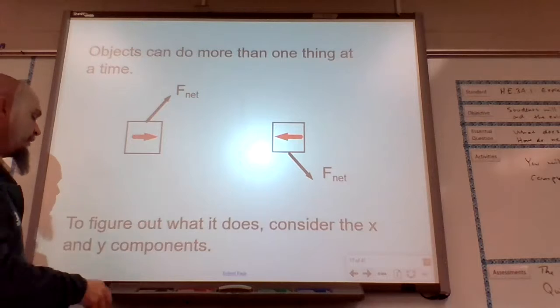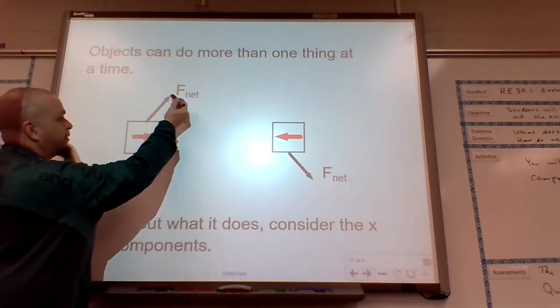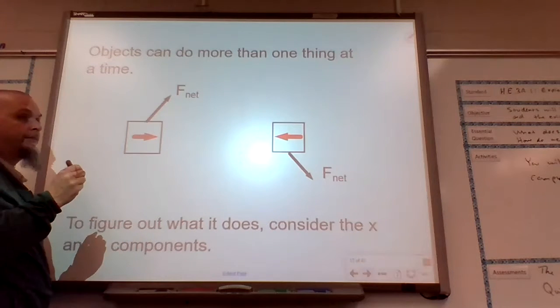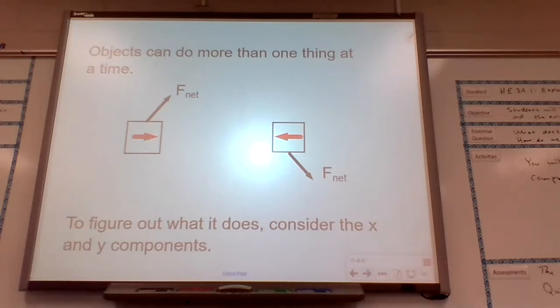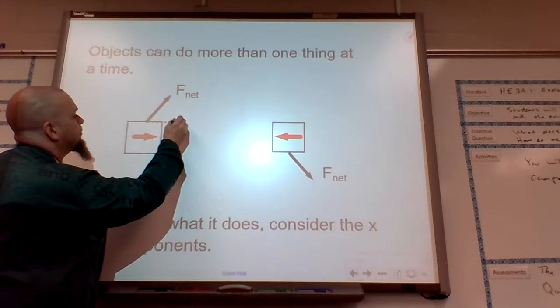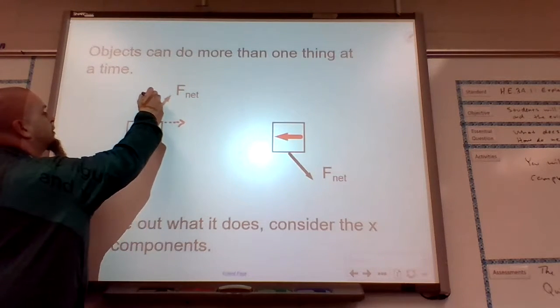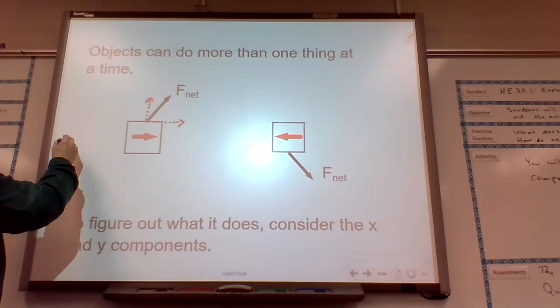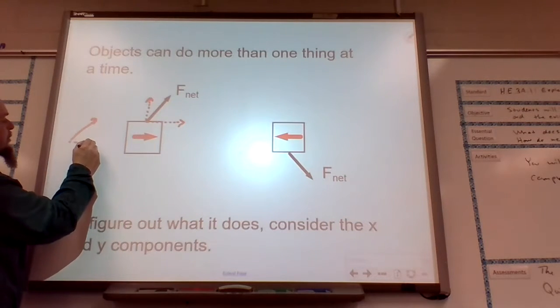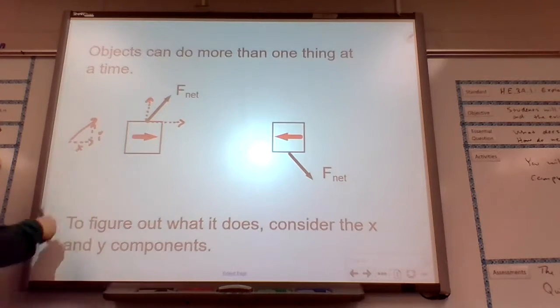At this point, we know that when we have a force that points out in this direction, there is going to be some x and y component to it. There's going to be some horizontal and vertical component to that motion. There will be a certain part of this that goes in this direction and a certain part of this that goes in this direction. And that's where we take this vector and we break it down into its two parts, and we calculate what the x and the y are.